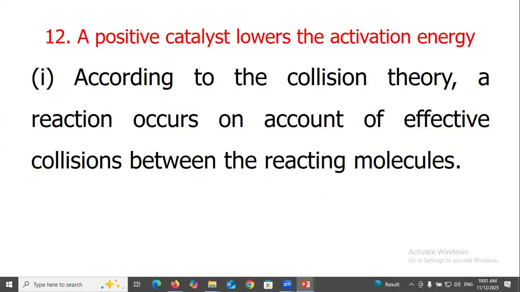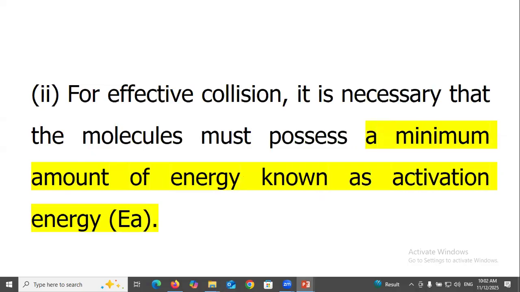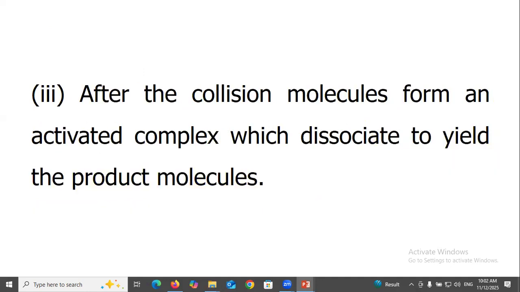Positive catalysis lowers the activation energy. According to the collision theory, reaction occurs on account of effective collisions between the reacting molecules. For an effective collision, the molecules must possess a minimum amount of energy known as the activation energy. After the collision, molecules form an activated complex which dissociates to yield the product molecules.